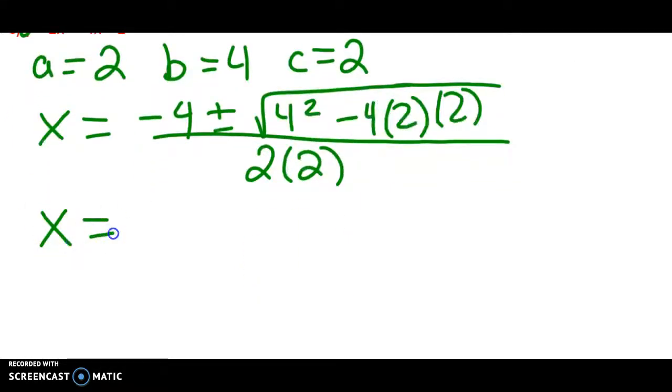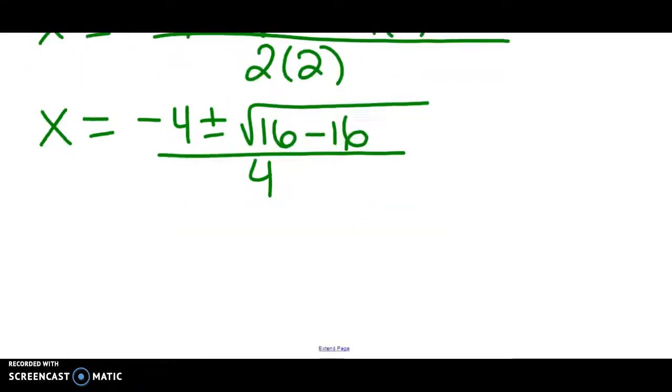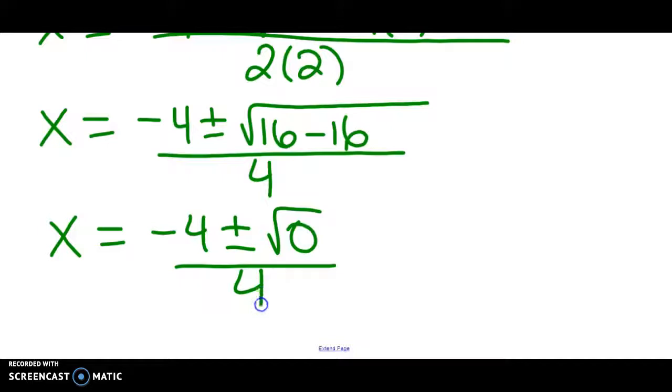So we get x equals negative 4 plus or minus the square root of 16 minus 16 all over 4. This gives us negative 4 plus or minus the square root of 0 all over 4.